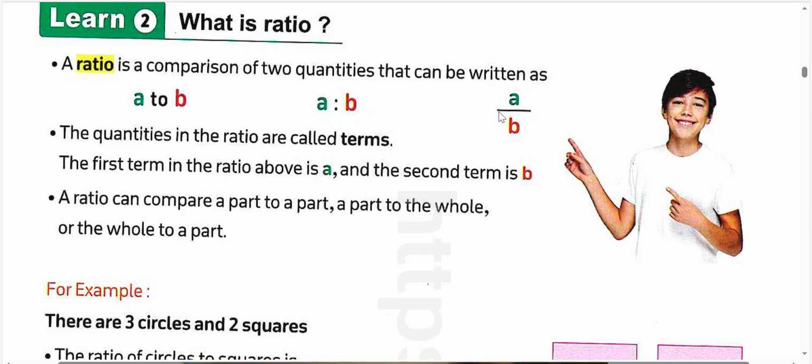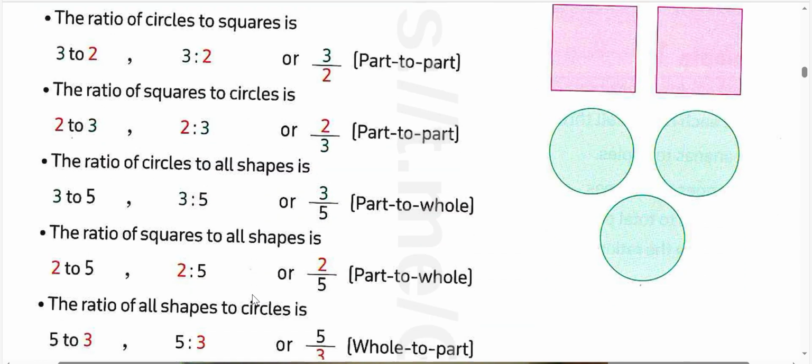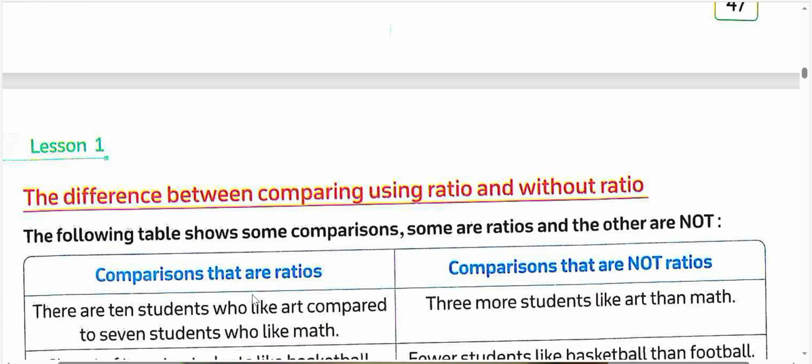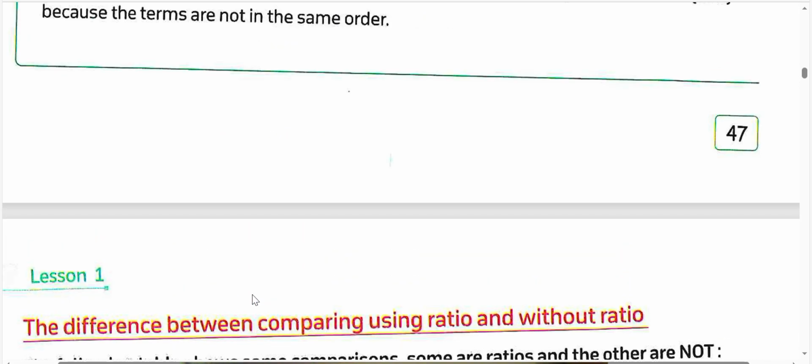We have two terms. The first term is A, the second term is B. A ratio can compare part to part, part to whole, or whole to part. Like this, we have the ratio between two numbers, the number of circles and the number of triangles.